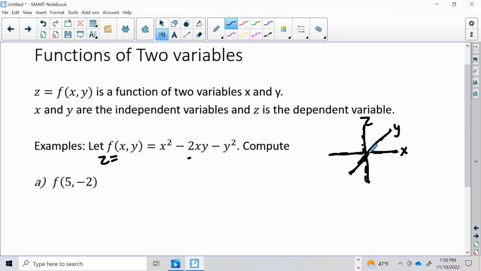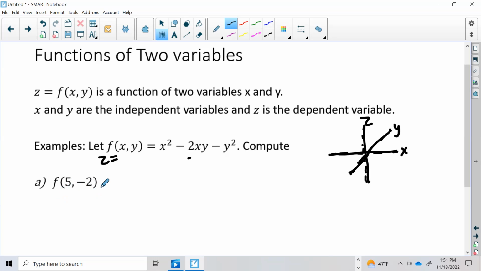And so we graph it where we have an x-axis, a y-axis, and z-axis. It looks like this. We're not going to worry about graphing those points. It's not going to be in the scope of this class. But if you ever take a calculus 3, they talk more about graphing the points and what the curves look like. So in this case, we're just going to evaluate our function at different values of x and y.